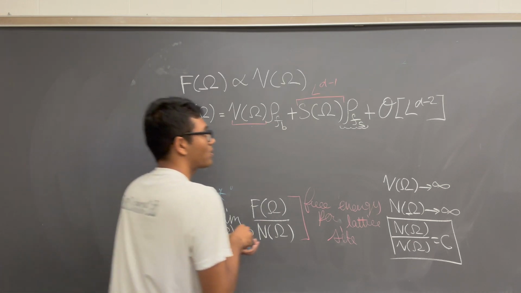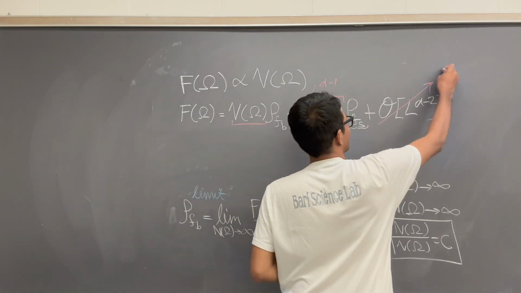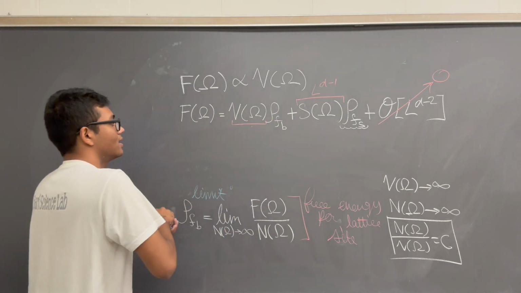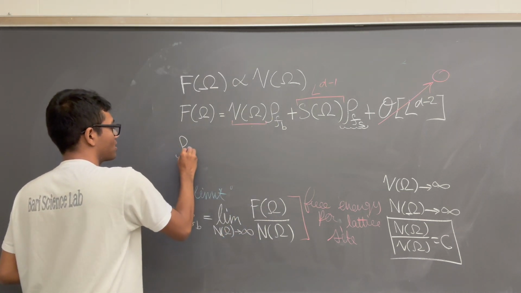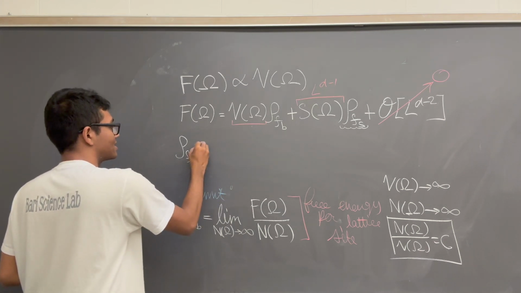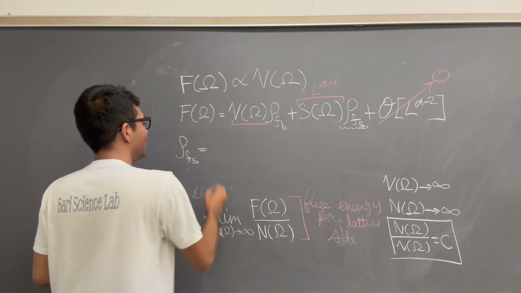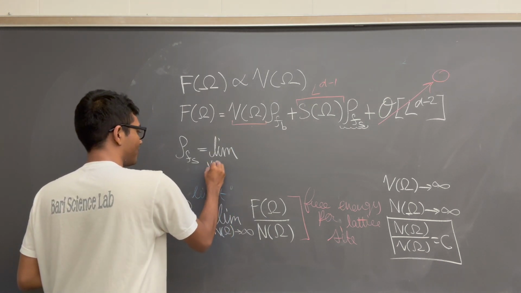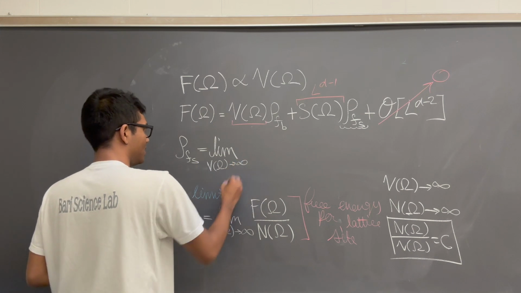We're just going to make the approximation that this second order term is negligible. So in that case, we have what? The free energy density on the surface is simply given by the limit, once again the thermodynamic limit, that the volume of our system approaches infinity.